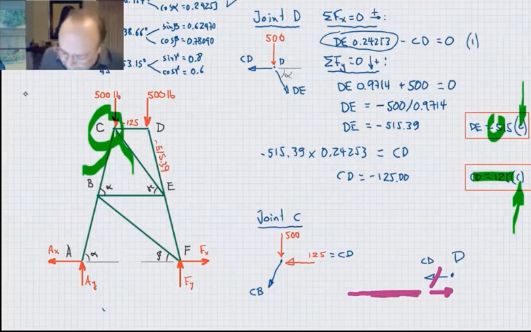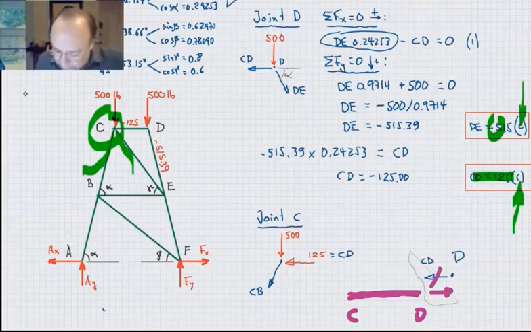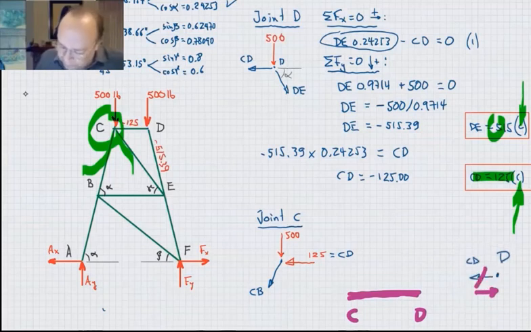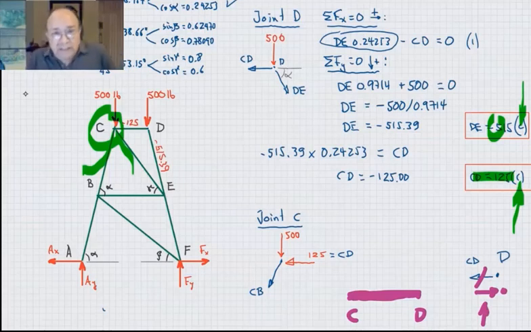This is the bar CD. Here we have now the joint, the bar CD, and this force is pushing the joint. So the force that the bar feels is the joint pushing into the bar, because it's an action-reaction pair.